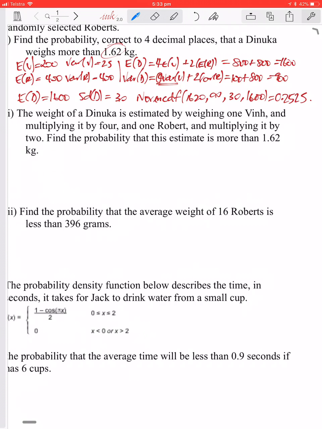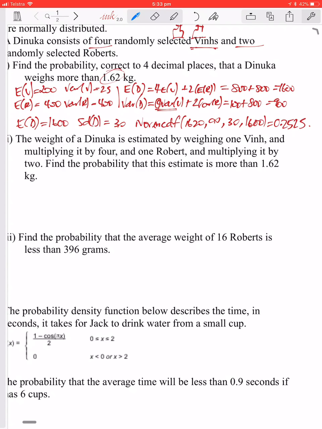Okay, so in that case we took 4 different bottles, or I call them bottles, I don't know what they are. I don't know what a VIN or a Robert is. Now, the weight of a Danuka is estimated by weighing 1 VIN and then multiplying it by 4. So in this case, my expected value of a VIN is still 200, and my variance is still 25, but my combination is going to change.